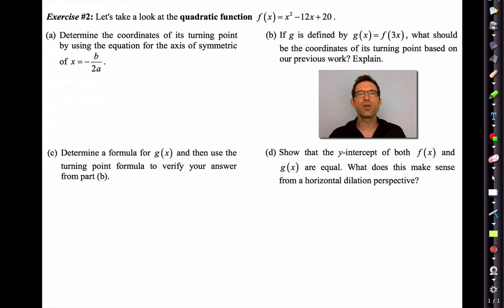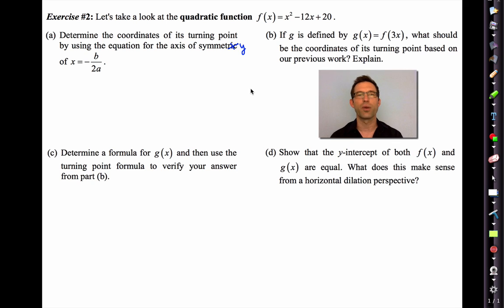Okay, let's take a look at the quadratic function f of x equals x squared minus 12x plus 20. Okay, letter A. Determine the coordinates of its turning point by using the equation for the axis of symmetry. Oh, lovely. The axis of symmetry is x equals -b divided by 2a.